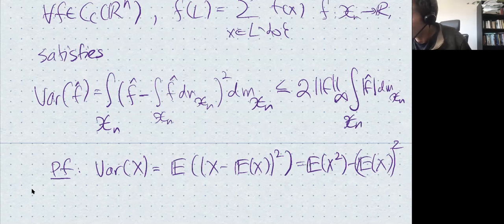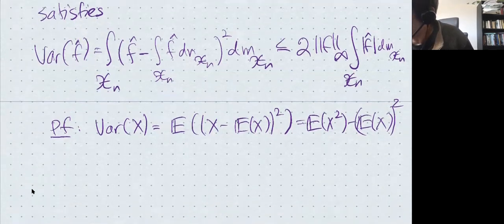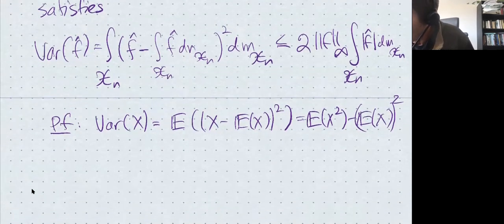So we're going to use this. In order to compute this, we're going to first compute this guy and then subtract off this guy. So let's compute this where instead of x, we have f hat. In other words, we're going to compute the raw second moment.